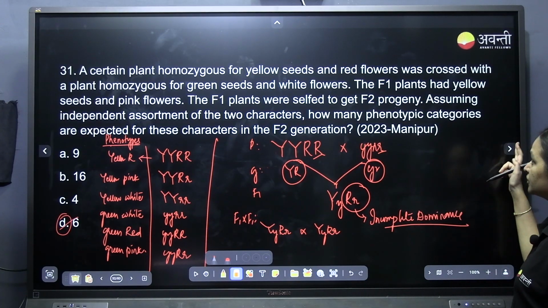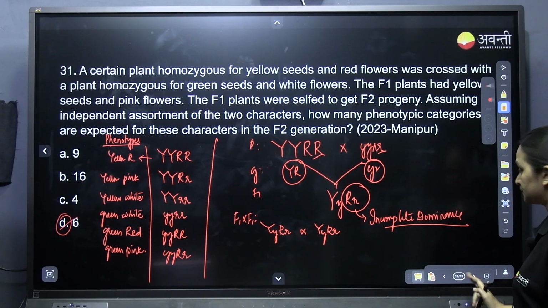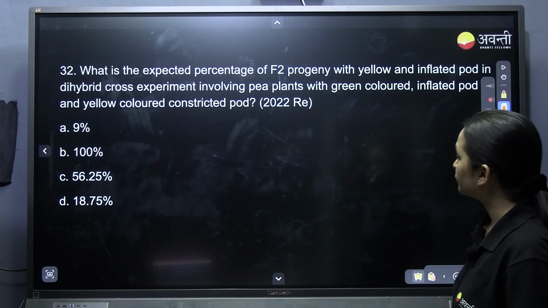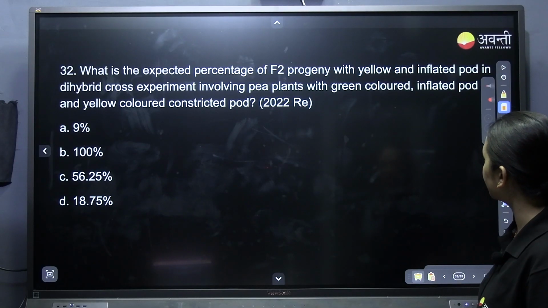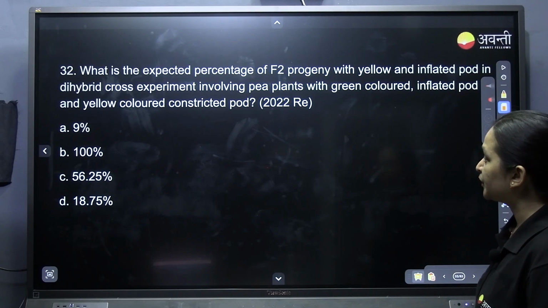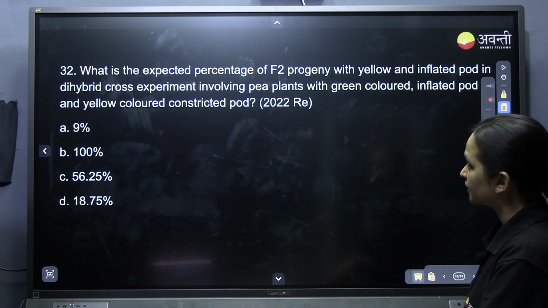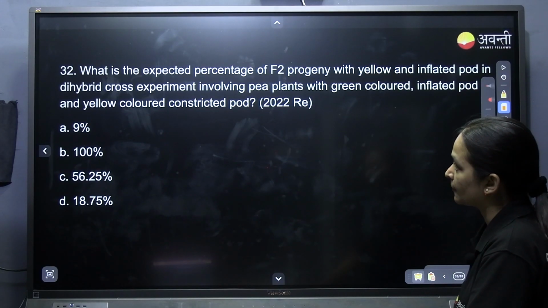This is really a very good question. What is the expected percentage of F2 progeny with yellow and inflated pod in dihybrid cross experiment involving pea plant with green colored inflated pod and yellow colored constricted pod? Tell me.